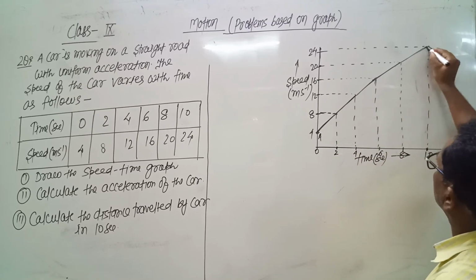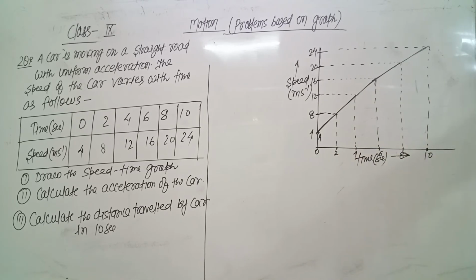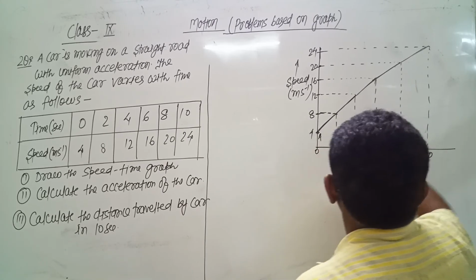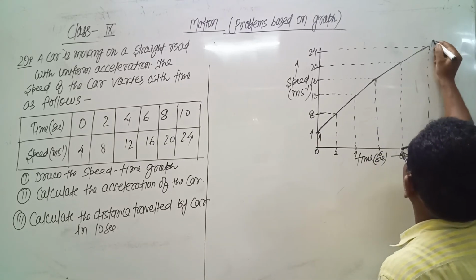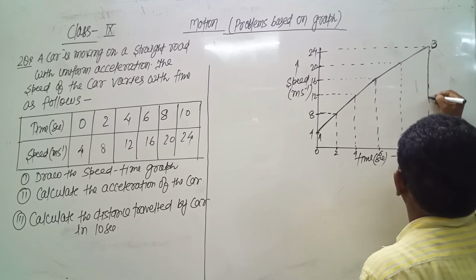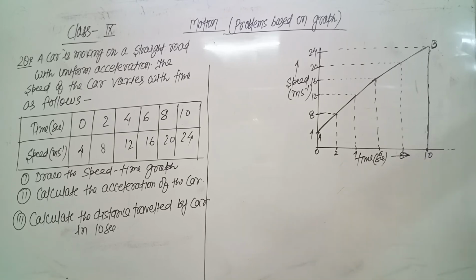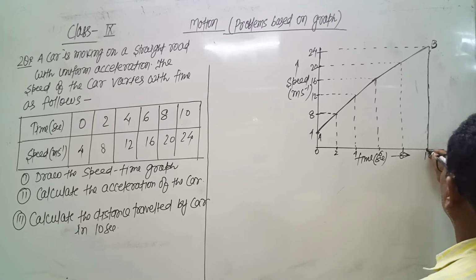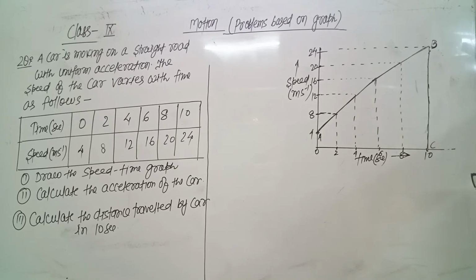So this is the speed time graph OAB, and name it C.